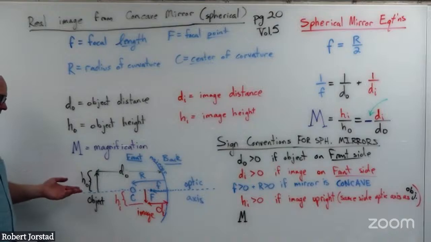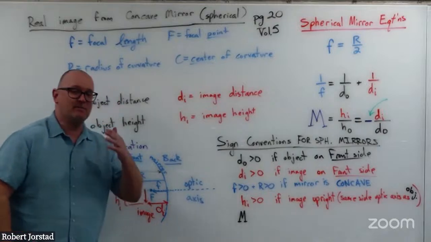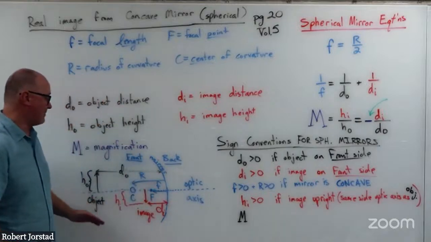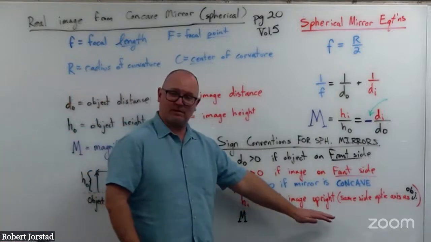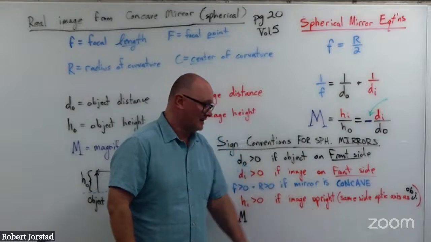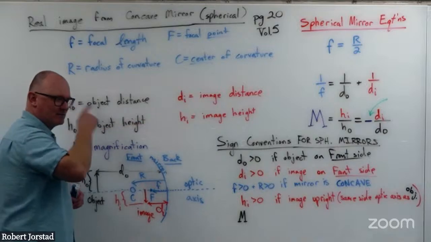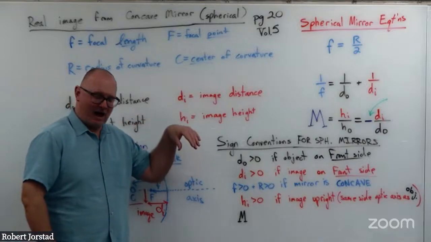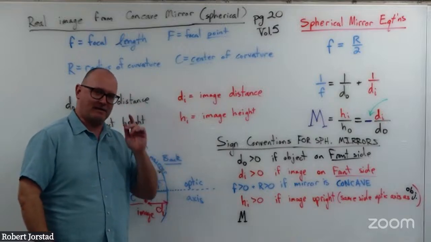Now you might be saying, why don't you just say whenever it's above the optic axis, it's upright? You've got to be careful. Later on, there's going to be multiple lenses. What can happen is the first lens could invert the image and the second lens or mirror might not invert the image. In which case, you could have an image that starts out below. In fact, in the demonstration that we have, my object starts below the optic axis and the image ends up above the optic axis.